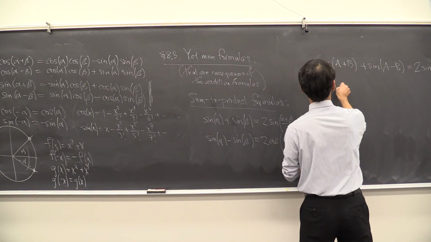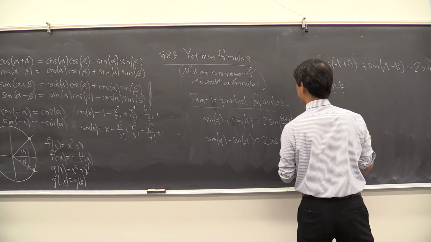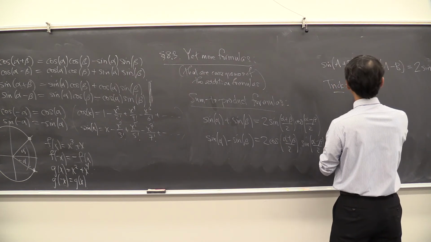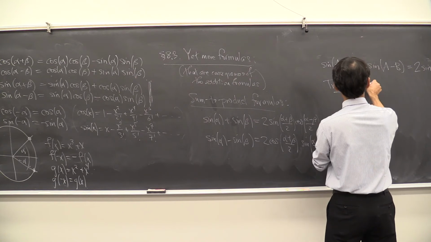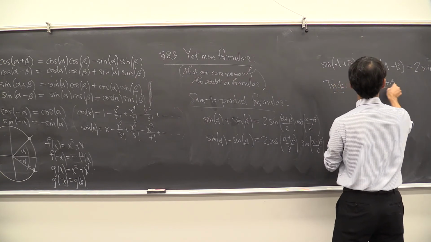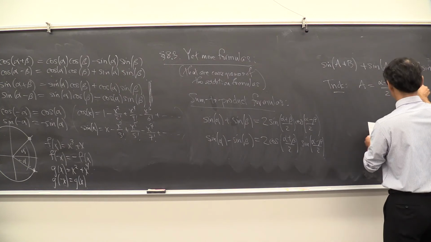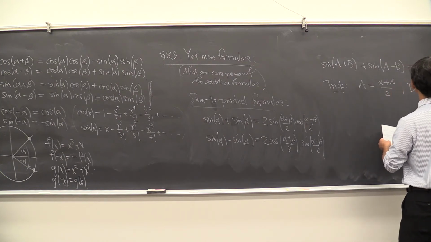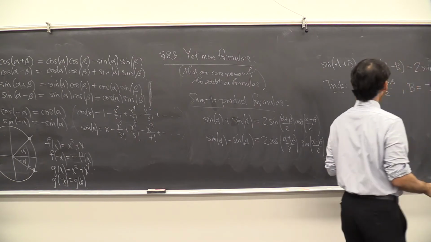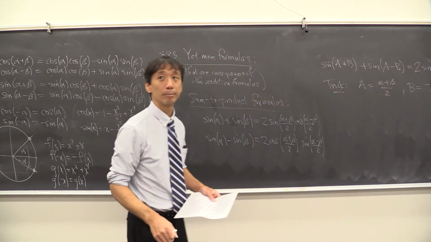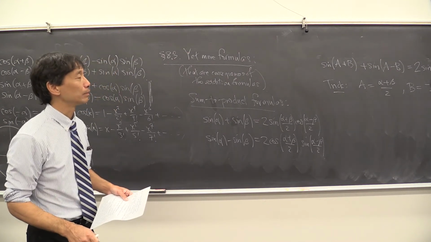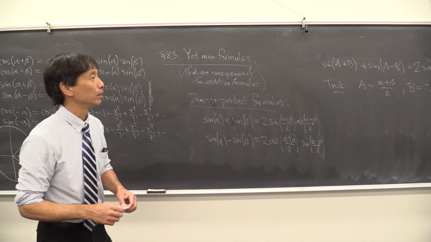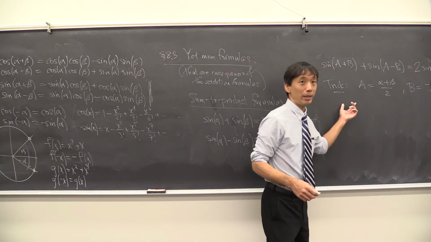So here's the trick. Take A to be alpha plus beta over 2, and B to be negative alpha plus beta over 2. What's good about that?